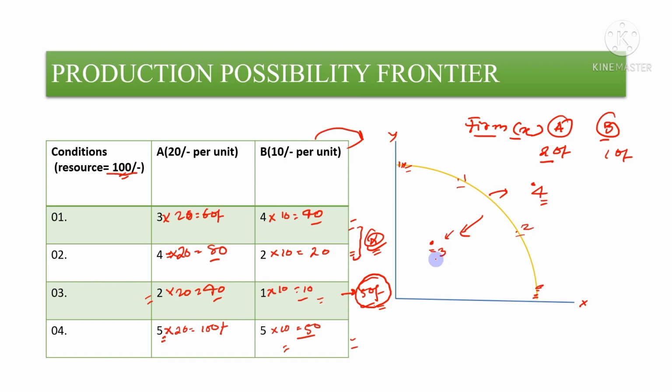And what is possible, but where they are saving some amount of the resources, will lie inside the arc. When they are utilizing the resources completely, it will form an arc. Suppose we have more examples of complete resource use and we plot them here, everywhere; this will form an arc when they are completely utilizing the resource.